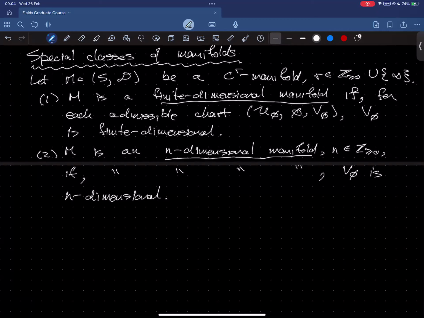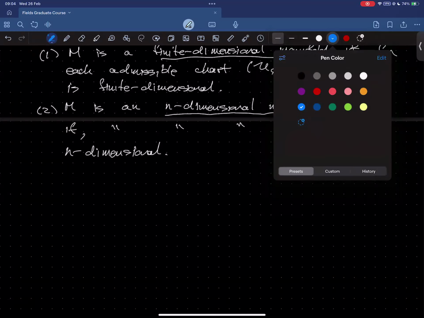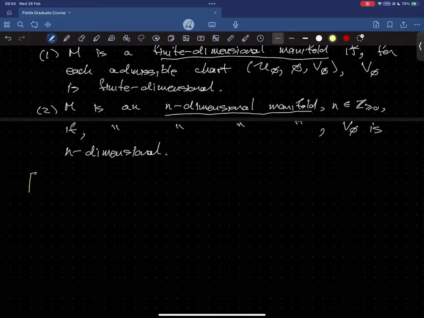Okay, excuse me. So finite dimensional does not mean n dimensional for some n, because you can have situations like this. Here's a manifold.